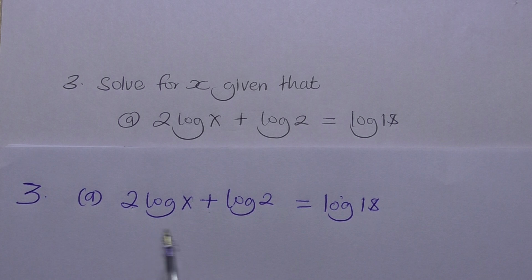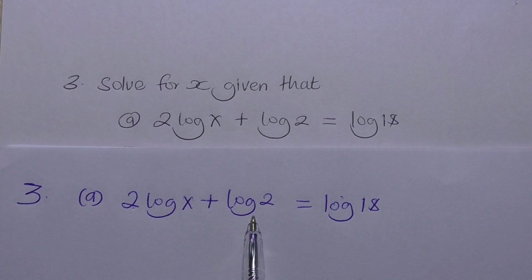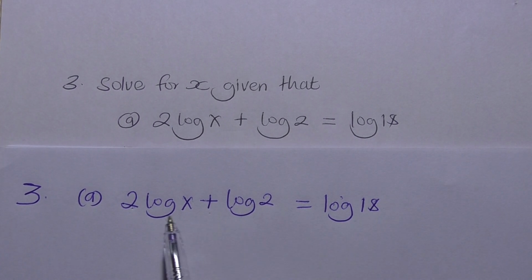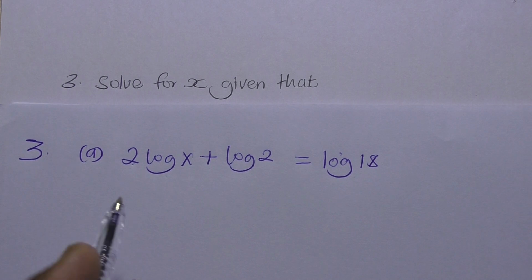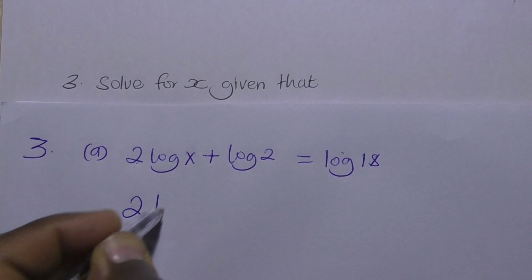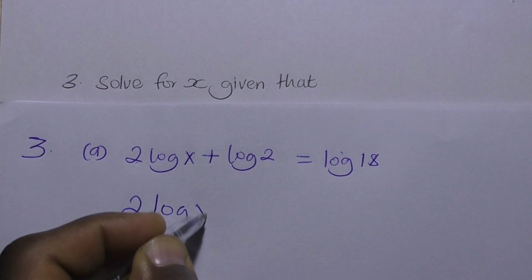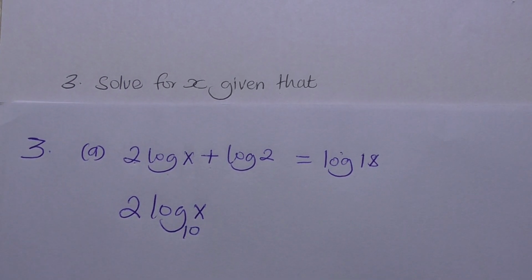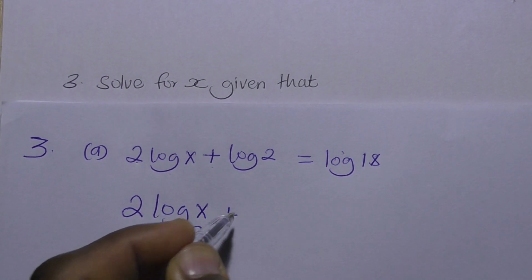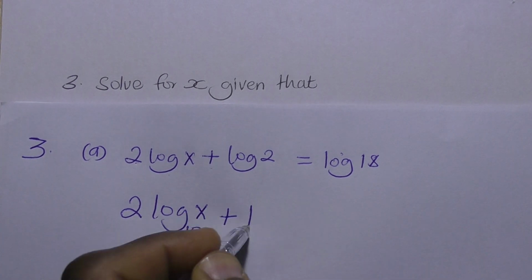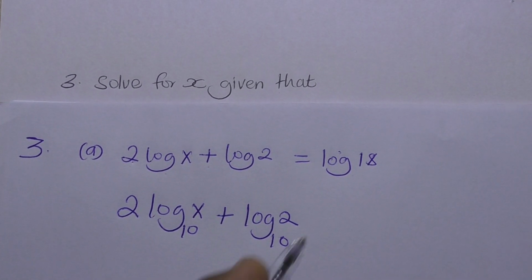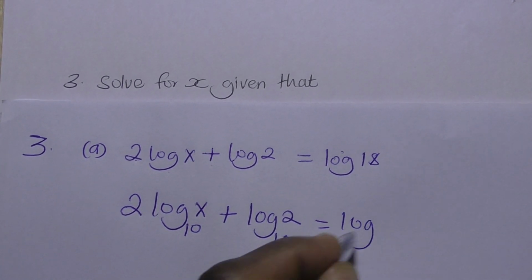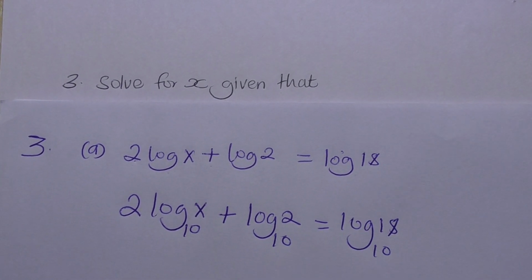Since we don't have bases on our logarithms, it is automatically base 10. Therefore, we can write this as 2 log x base 10 plus log 2 base 10 equaling log 18 base 10.